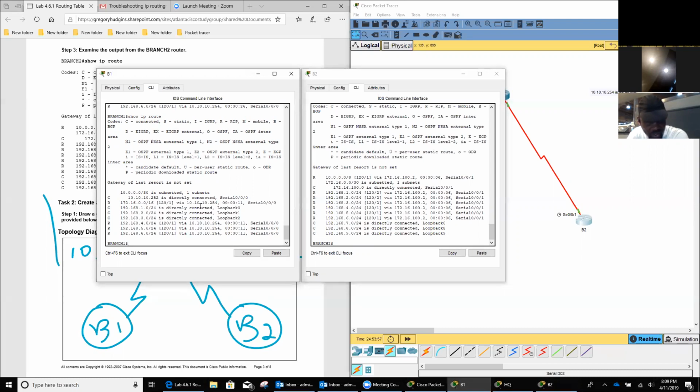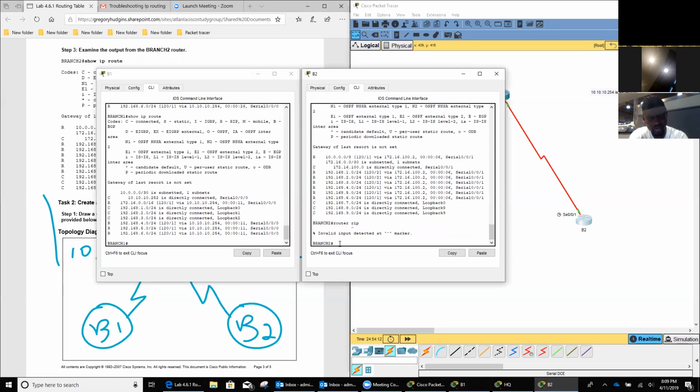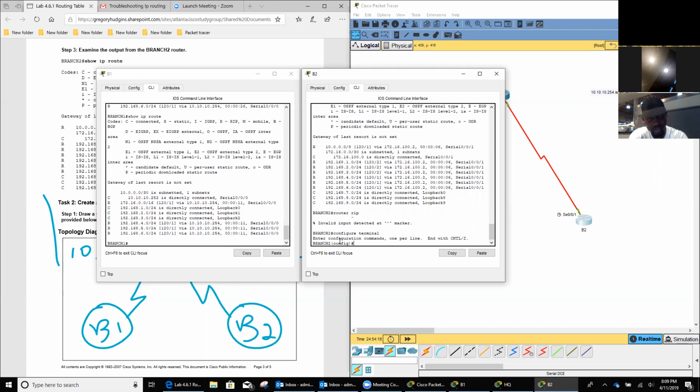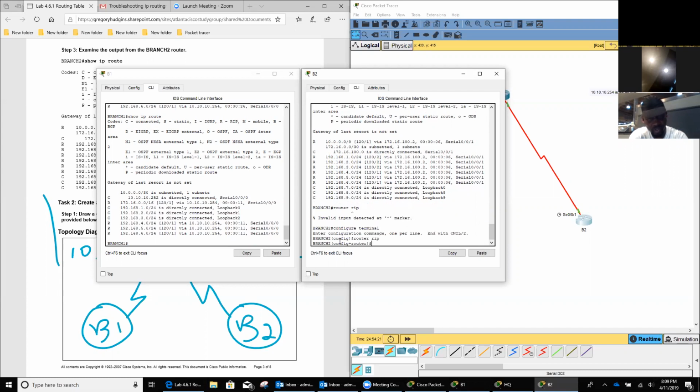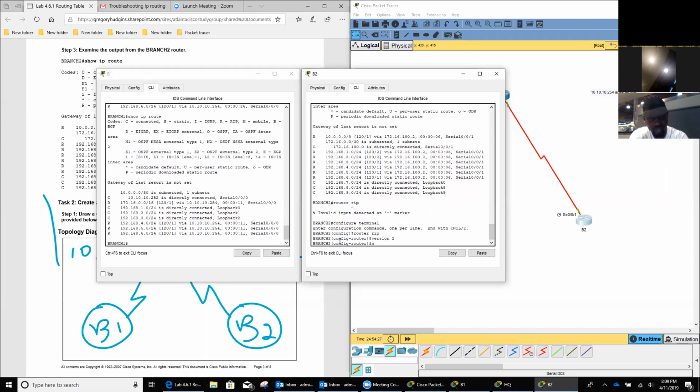He doesn't know anything about the loopbacks on your router. All right, go ahead and go into router rip on router 2 on branch 2. Now type network for that 192.168.7.0, the first loopback.